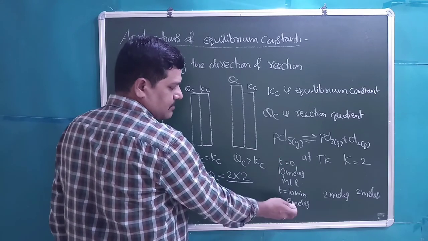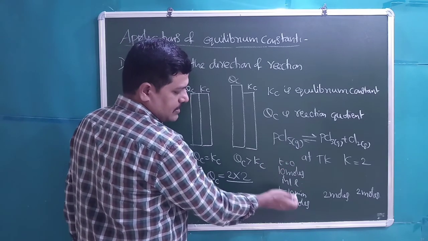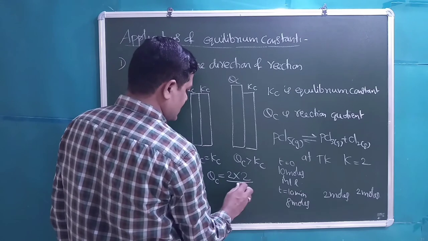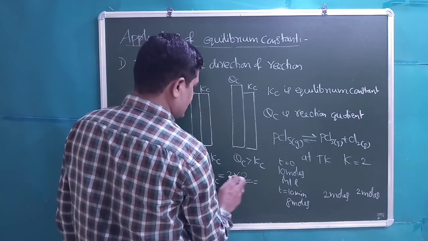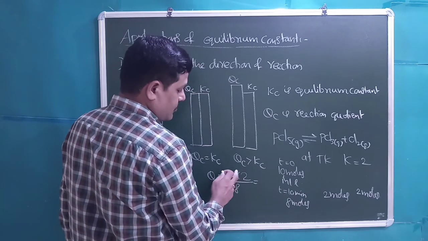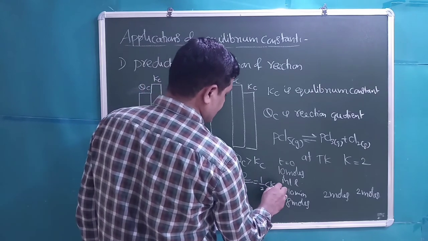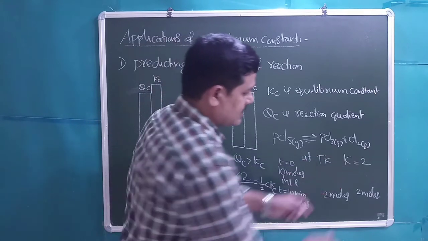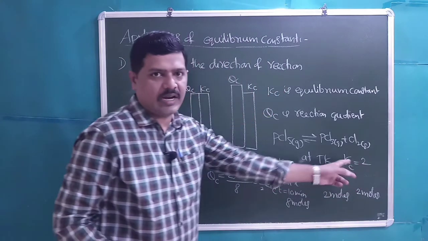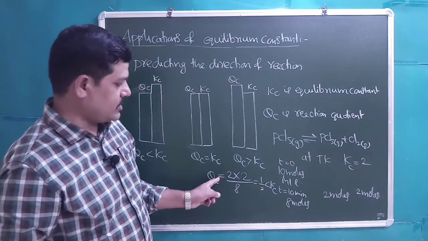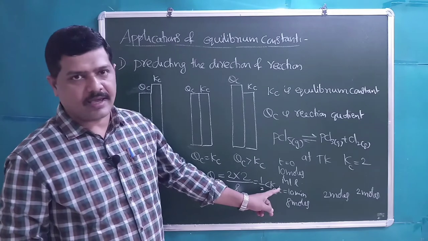For PCl5, the remaining moles at t equal to 10 minutes is 8. Then 2 times 2 is 4, divided by 8, is 1 by 2, which is lesser than the Kc. For the given reaction, Kc is equal to 2 at this temperature. So here Qc is lesser than Kc.